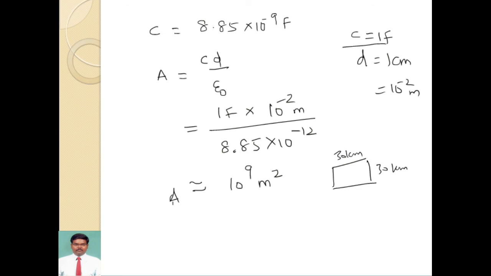So just imagine how big the plate is. If you want a capacitance value equal to 1 F, then the plate you have to use is going to be 30 kilometers in size. And obviously from this you can see how big the farad value is.